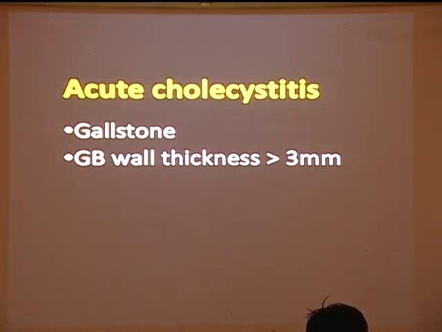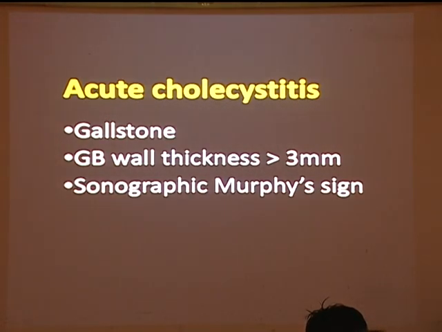The second finding is gallbladder wall thickness. Gallbladder wall thickness larger than 3 millimeters is the main finding of acute cholecystitis. And third is the sonographic Murphy sign. Traditionally we did the Murphy sign by placing your hand on the side where you think the gallbladder is and pressing. But the sonographic Murphy sign uses your transducer to see where the gallbladder is and press on the gallbladder with your transducer.